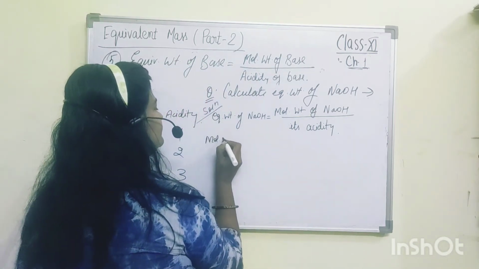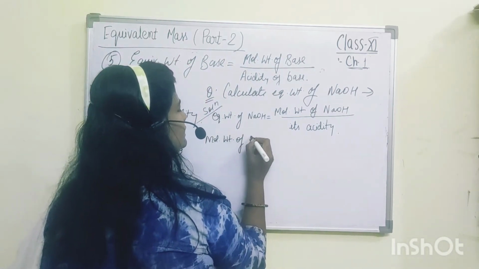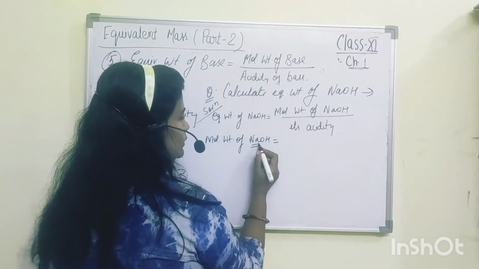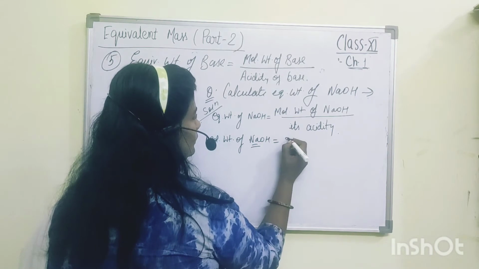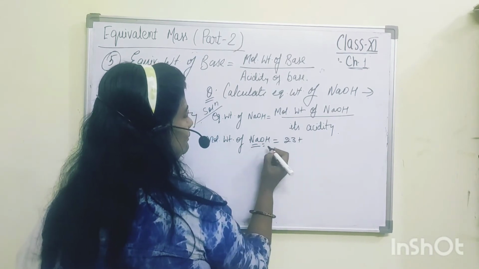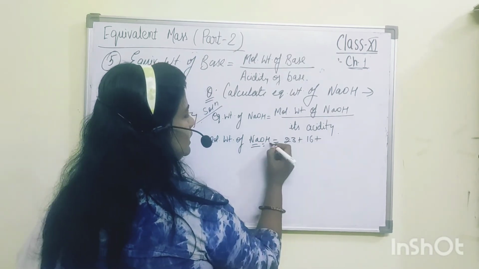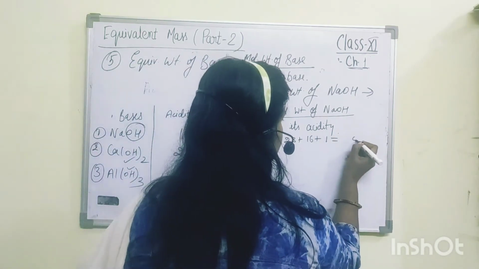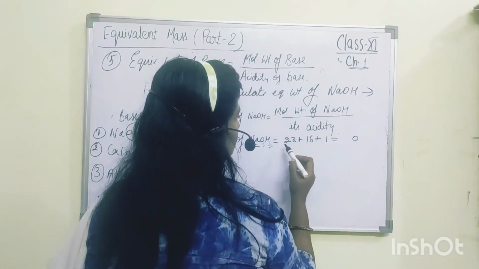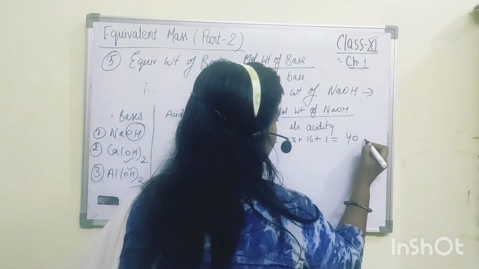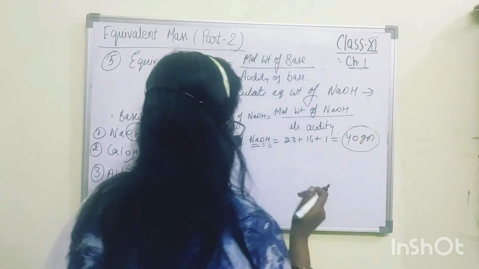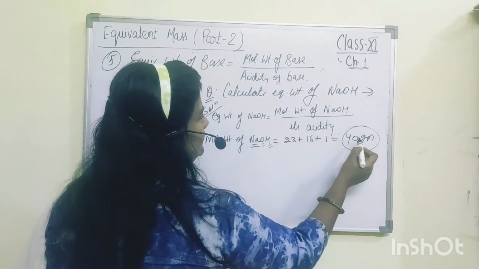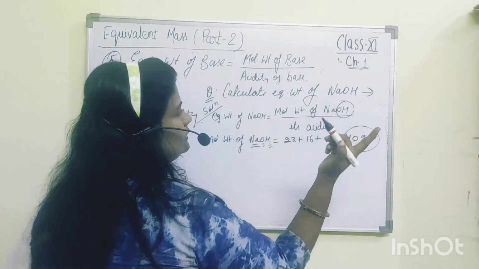Molecular weight of NaOH is: sodium has atomic weight 23, plus oxygen, atomic weight 16, plus hydrogen, atomic weight 1. That is 40 grams. 40 grams is the molecular weight of NaOH and its acidity is 1 because the number of OH ions is 1.